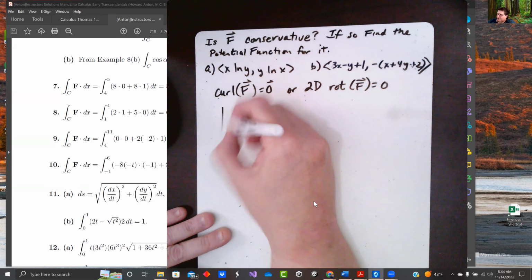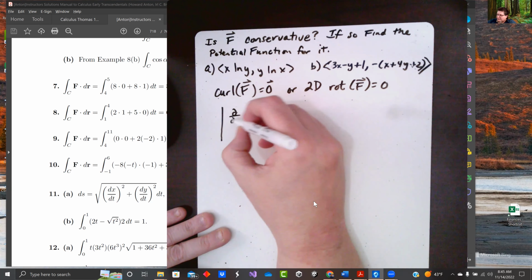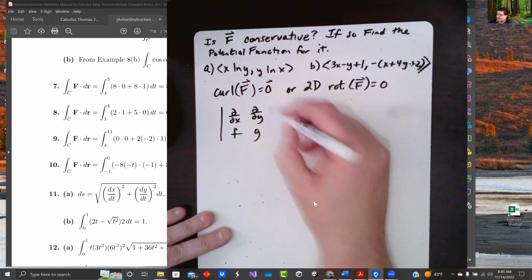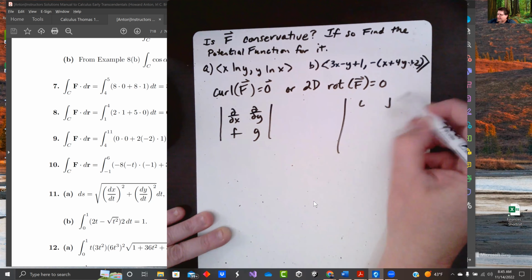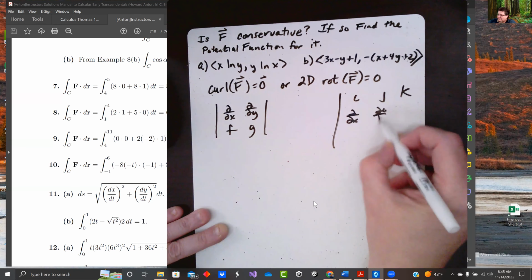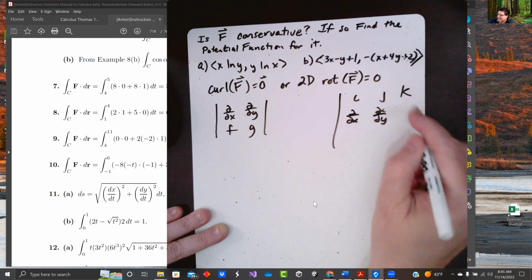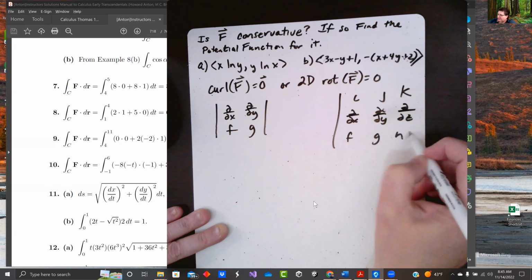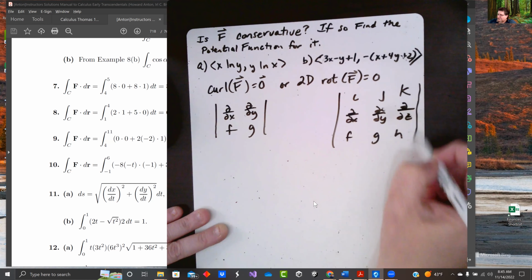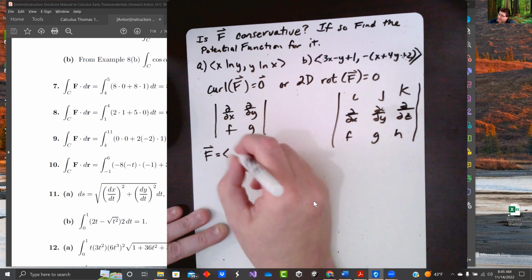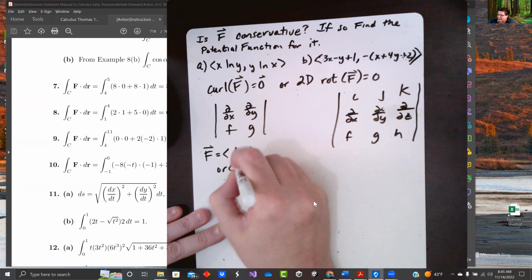But the 2D version was d/dx, d/dy, F and G. The 3D has got your whole i, j, k, d/dx, d/dy, and d/dz, F, G, and H, where F, G, and H are components of the force field vector.